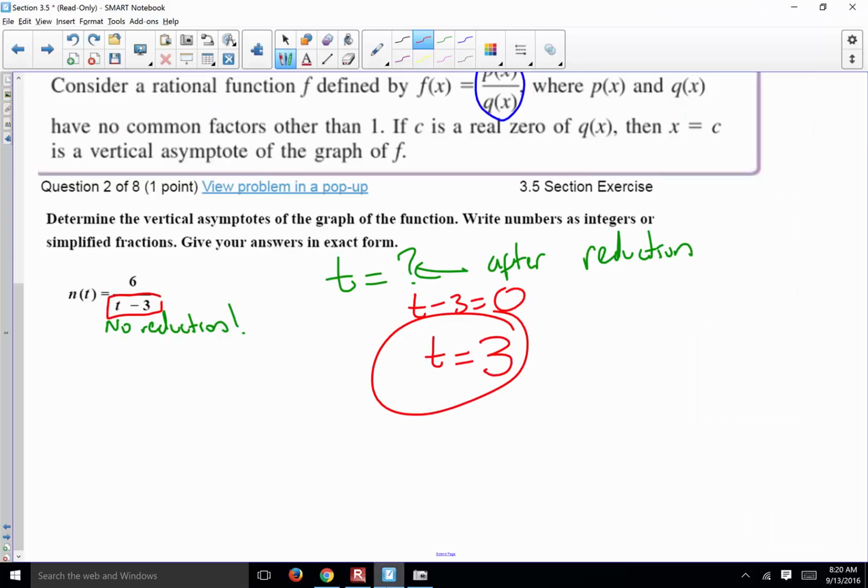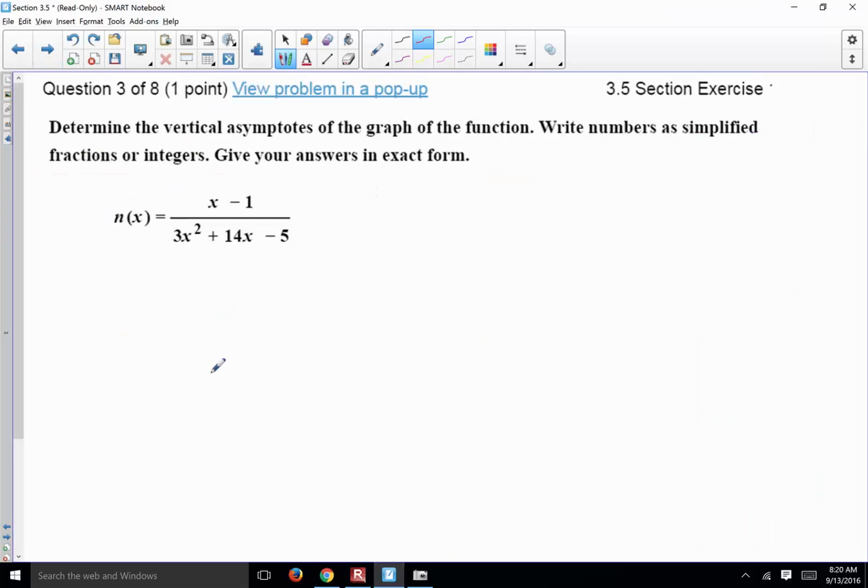Going to the next. Alright, it's not that simple anymore, right? Look at what you have in the denominator, what you have in the numerator. What would you do on this question? Remember what to look at.